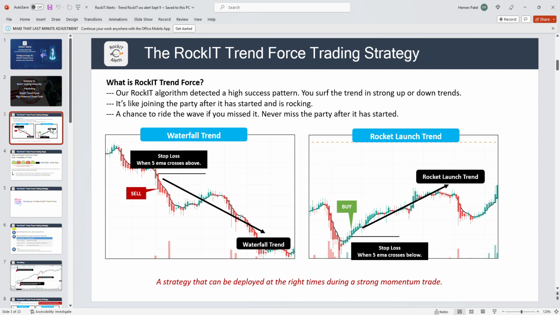A lot of us don't enter once the trend is running, because we didn't catch the bottom of the trend, or the top of the trend in terms of a waterfall trend falling down. So there is a high probability of success where you can enter a trend anytime once a party started and definitely scalp out a few gains here and there.